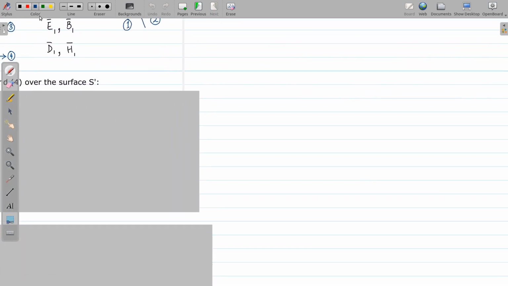Just to help you recap, what is Stokes theorem? Stokes theorem basically says that suppose I have some contour C, and this contour C bounds some surface S. There is some vector field defined in this region, let's call this vector field A. Now for this vector field, we could find out the curl at any point.